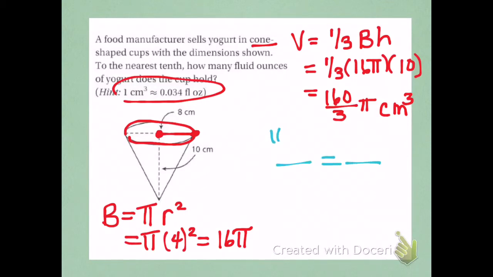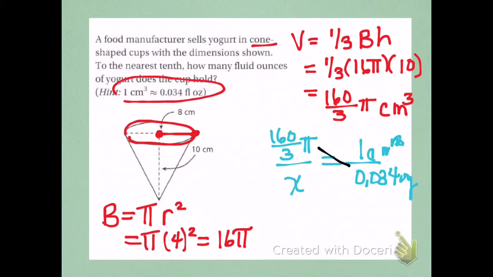So I'm going to say 160 over 3 pi, that's how many cubic centimeters, over x is the same relationship as 1 cubic centimeter over 0.034 ounces. So to solve it, I want to cross multiply like I do with any other proportion.